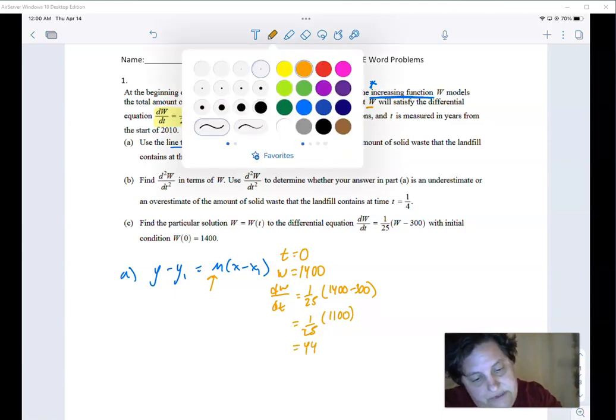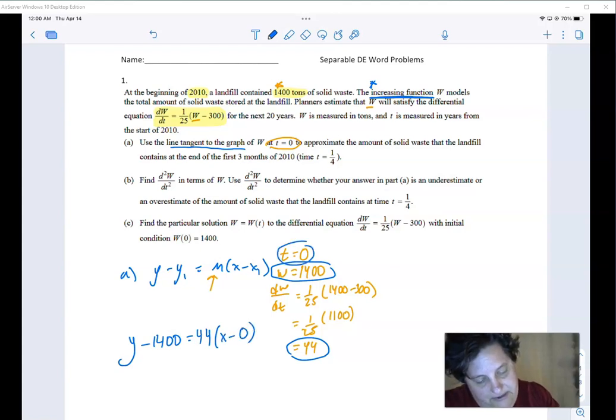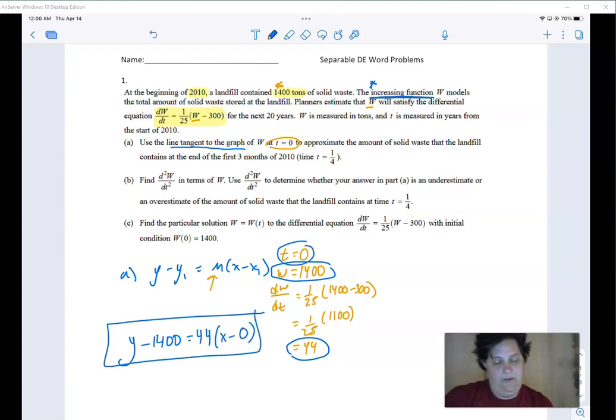And so here's the equation of the tangent line. y minus the y value equals m times (x minus the x value). Okay? There we go. Now, is that the final answer for part A? Let's make sure I got my final answer.